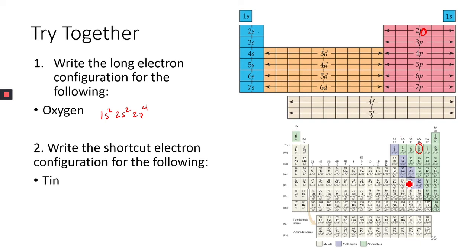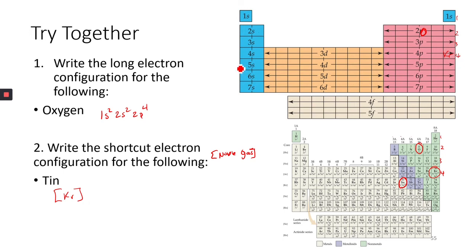Now let's do it for tin. But it says let's do the shortcut method, which is the noble gas notation. So what is the noble gas that comes before tin? I don't know if you can see it, but it is krypton. So we're going to put krypton in brackets.